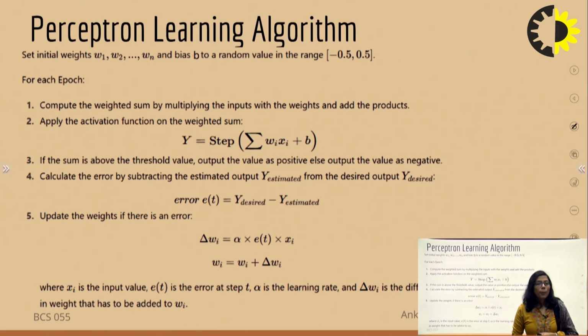Now when we talk about the training process, how my single layer perceptron gets trained with the labeled data, this is the algorithm. We will first set the initial weights W1, W2 and Wn. Initially, when we start training the neural network, we know the inputs, but we don't know the weights.